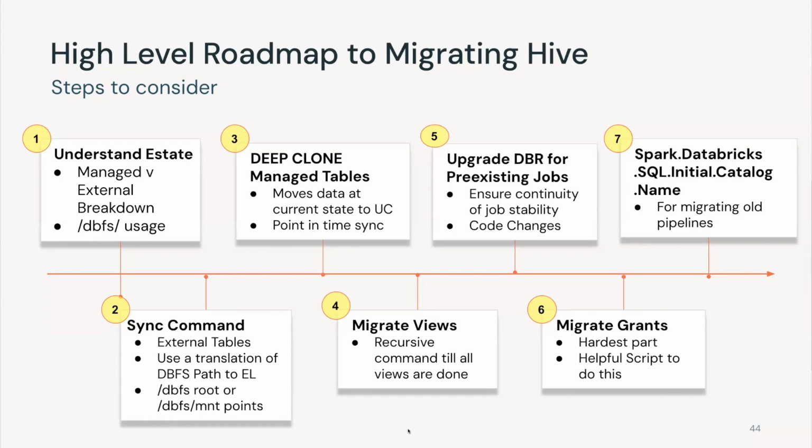You upgrade the DBRs for pre-existing jobs. We're not changing anything to point at Unity yet. We just say all these existing jobs need to make sure that they work on a Unity Catalog capable runtime. So if you're running on 7.3, that's not going to work anymore. You're going to have to shift to, I believe, 11.3 or 11.4, I forget which, or higher, such that you get that Unity Catalog functionality, but you don't want to enable Unity Catalog for those jobs yet.